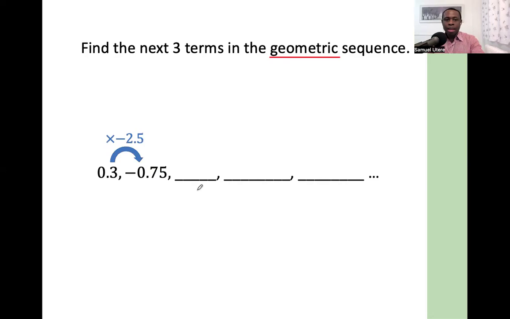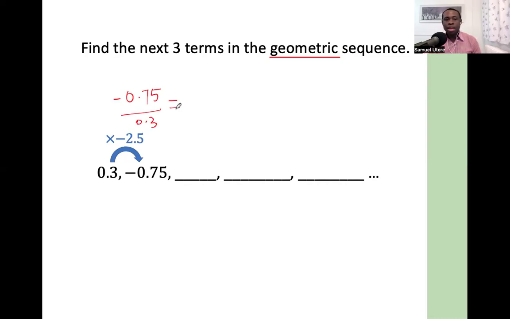Okay? Now, when we do that, we will find that the number will be negative 2.5. Okay? So you divide the second term by the first term. So if you do negative 0.75 using your calculator divided by 0.3, you will find that your result will be negative 2.5.